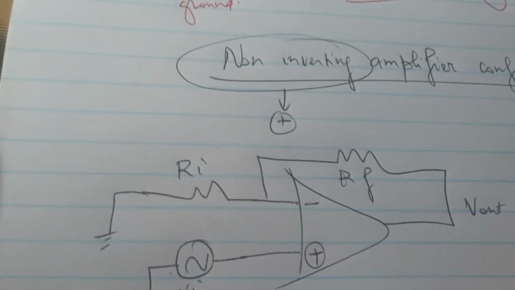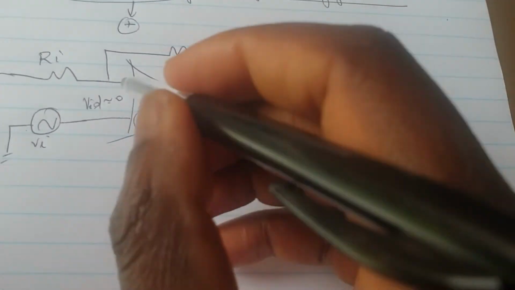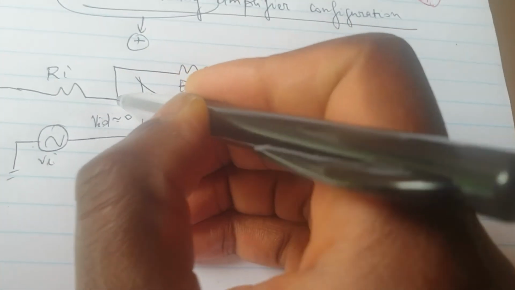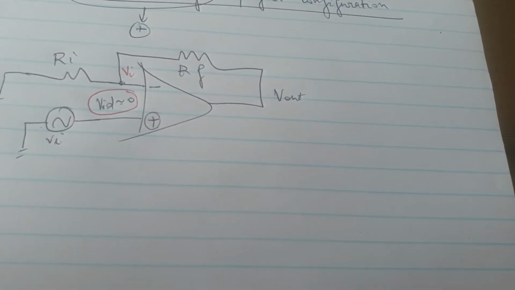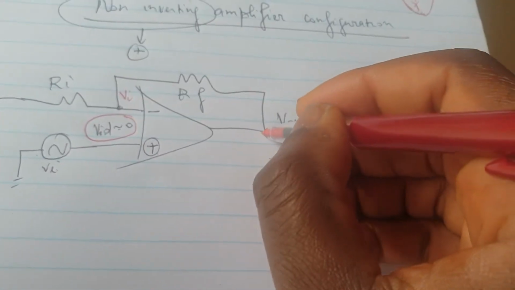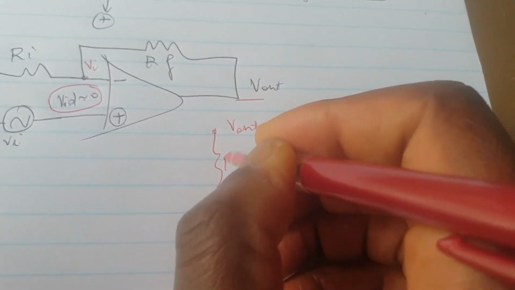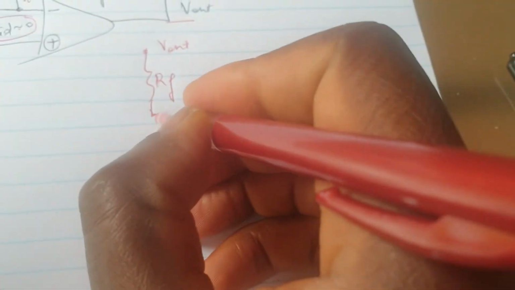On the basis of the principle that the difference VID between the two input signals must be 0, if Vi is applied on the non-inverting input, then the same amount of voltage will normally appear on the inverting input. So there we're going to have Vi in order to satisfy that condition. And by voltage divider, we therefore have Vout applied across Rf, then we get Vi there, and we've got Rin, and then ground.